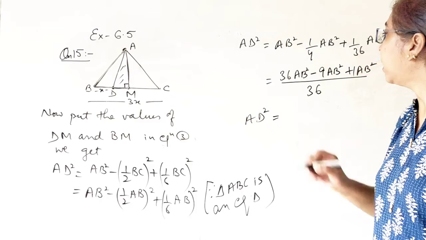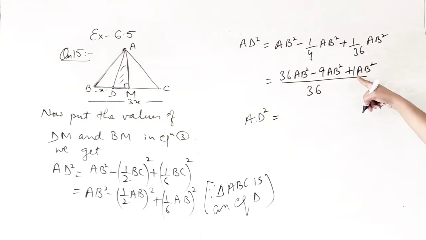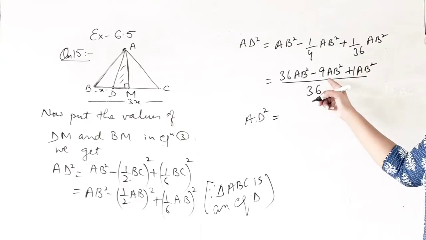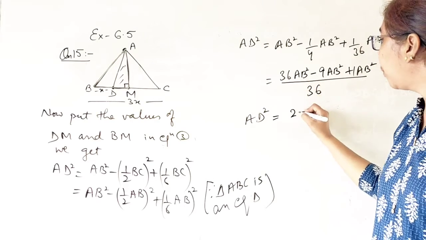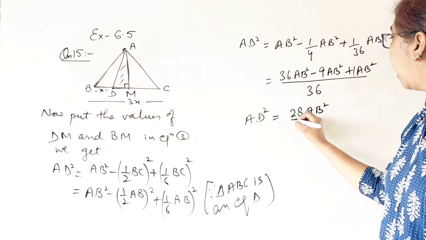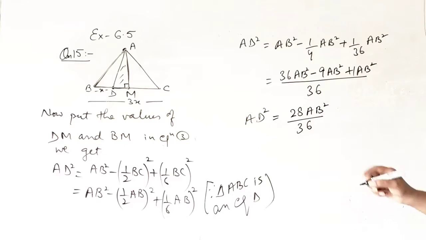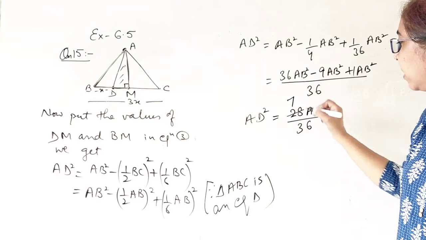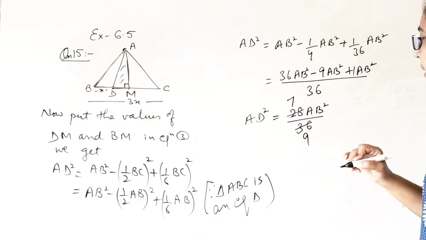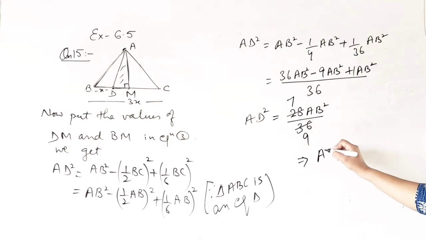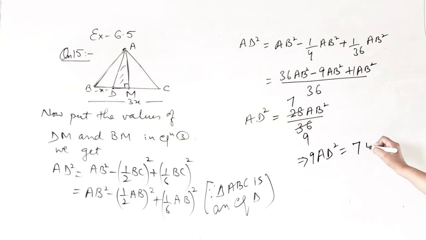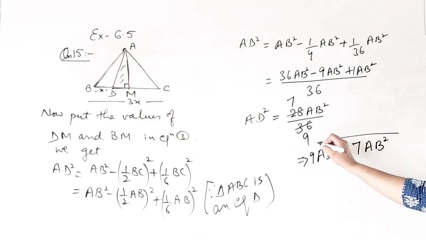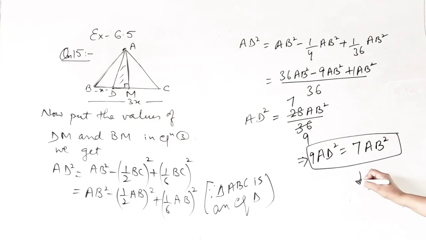AD square equal to 36 plus 1, 37 and minus 9. So this will be equal to 28 AB square upon 36, and I can cut this, 4 sevens are 28, 4 nines are 36. So this 9 will come here, 9 times AB square equal to 7 times AB square. So this we have to prove. Okay?